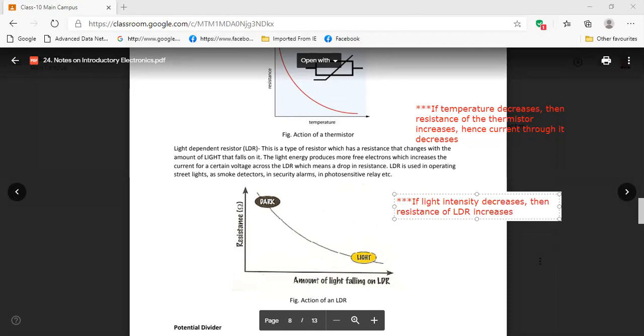Again, do you agree with the statement? If light intensity decreases, then resistance of LDR increases.